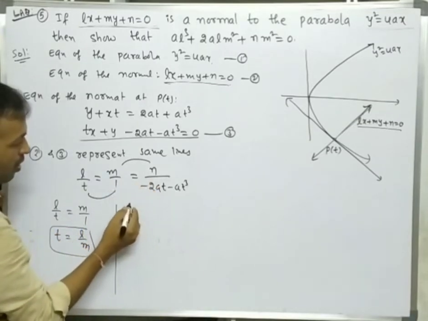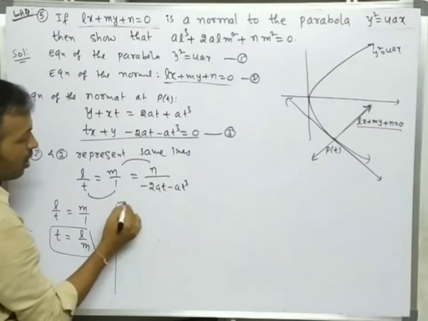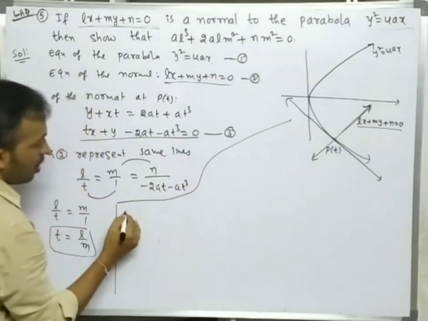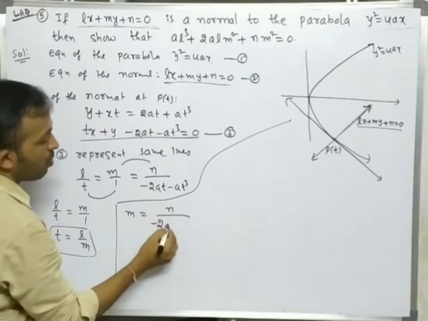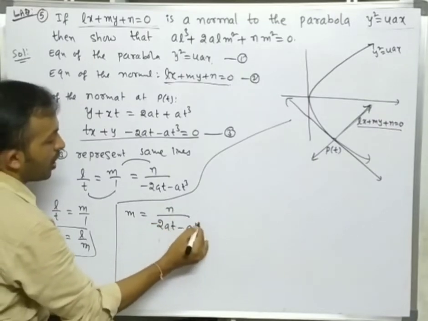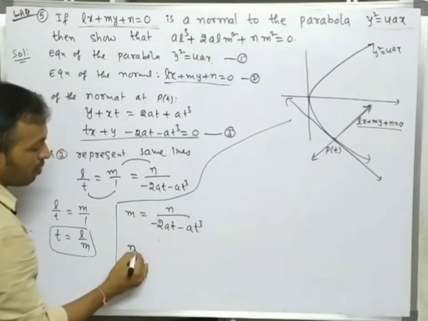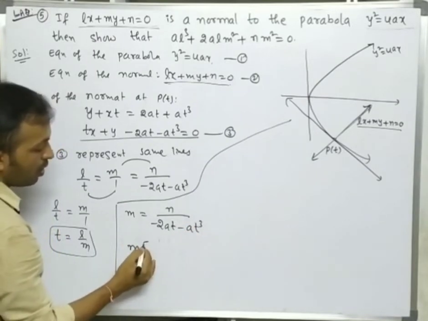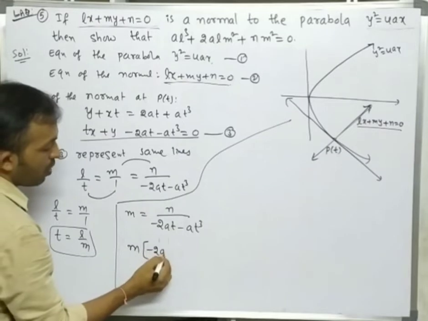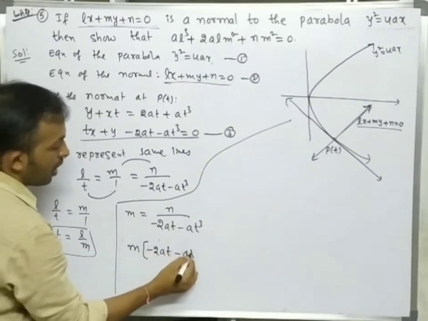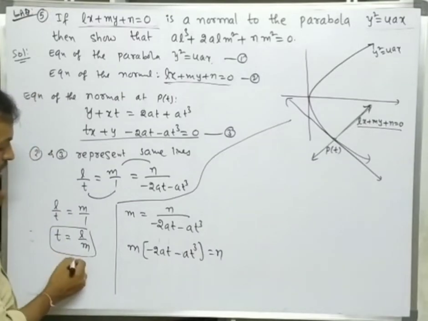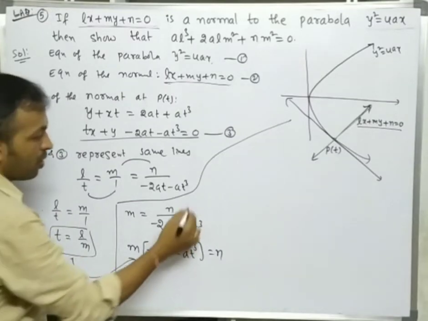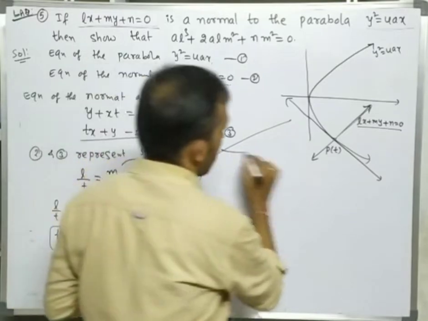Next, from this, m is equal to n by minus 2at minus at cube. Do cross multiplication. So m into minus 2at minus at cube is equal to n. Substitute the t value here in this equation. Okay.